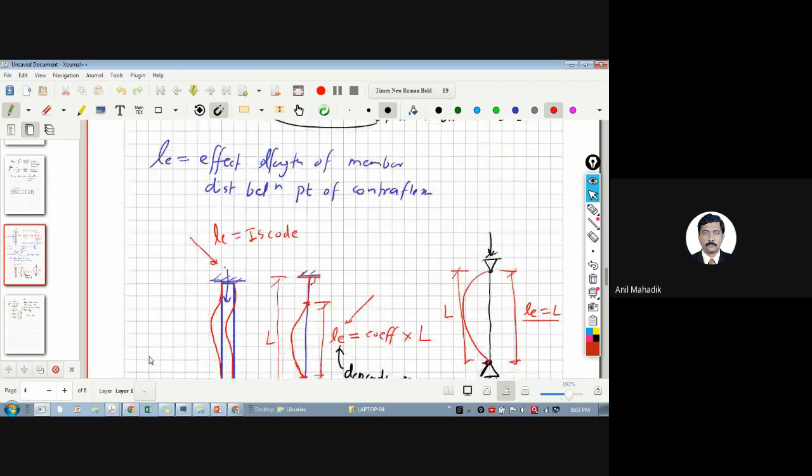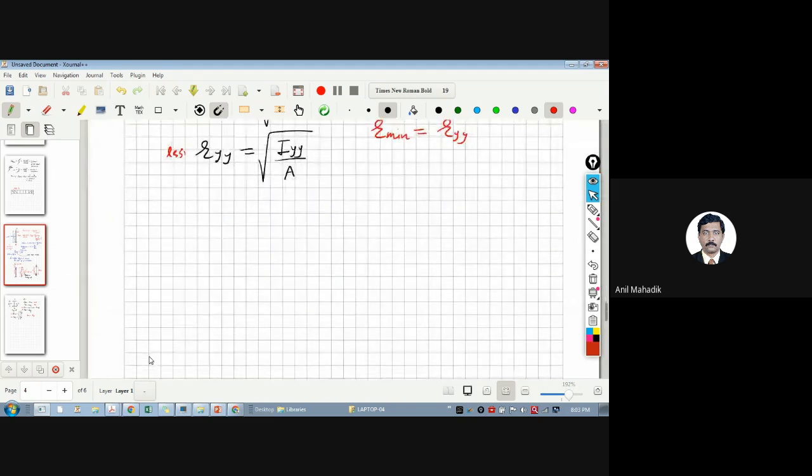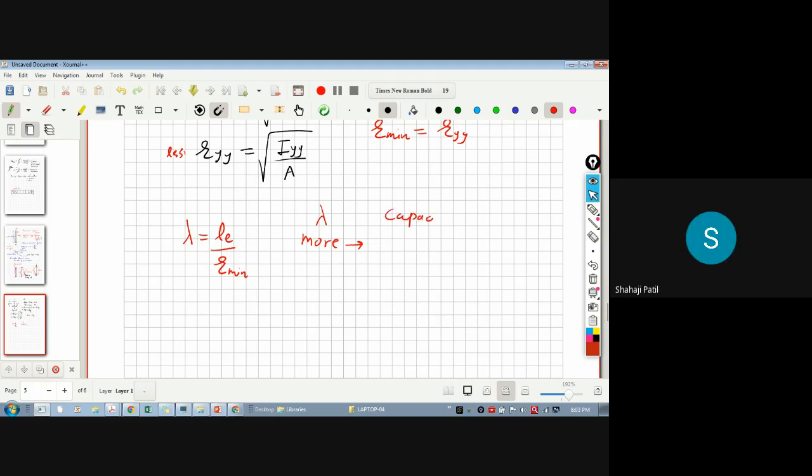Now I am going to ask you certain questions. Lambda is L effective upon R minimum. So if the slenderness ratio is more, capacity will be less or more? So let's say this is your lambda and this is your capacity. If the slenderness is more, capacity will be more or less?